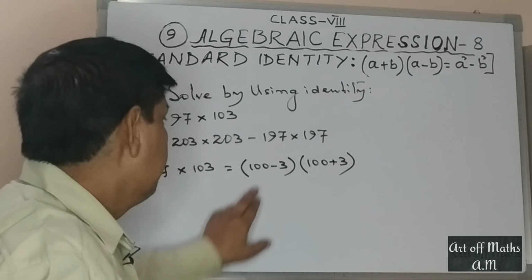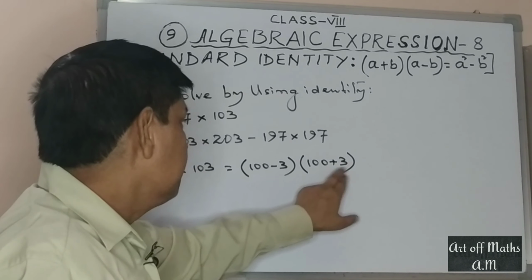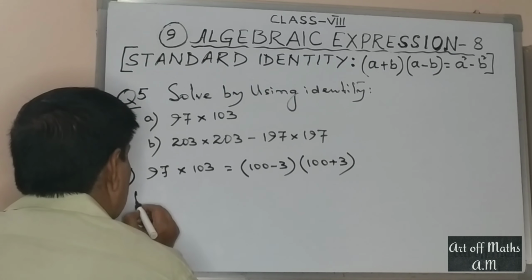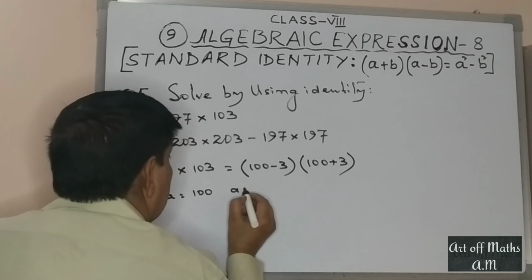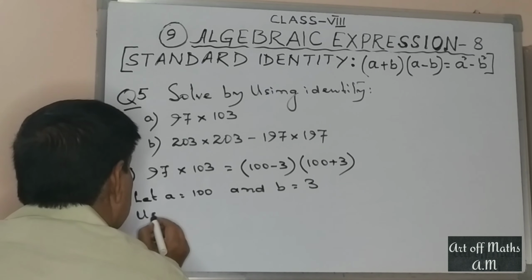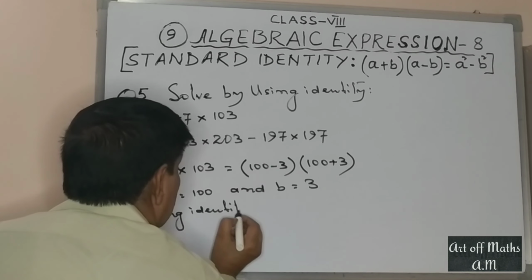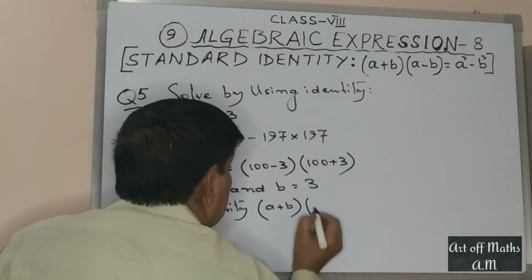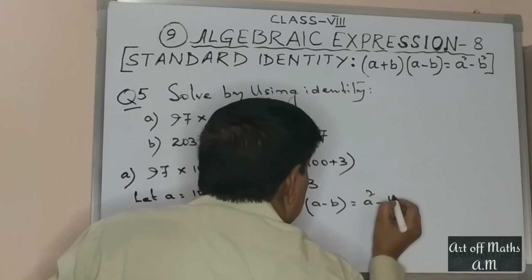What did we get? In this fashion I got (a plus b) into (a minus b). Now very easy. Let a equal to 100 and b equal to 3. Using the identity, (a plus b) into (a minus b) equal to a square minus b square.